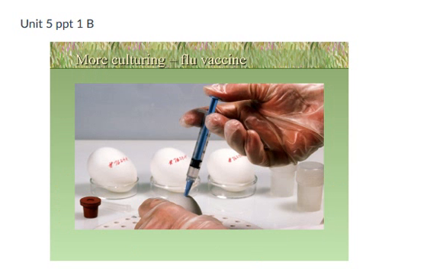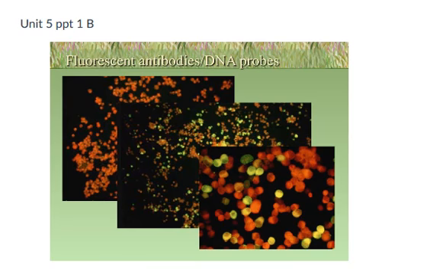So a little bit more about culturing. Making the flu vaccine that you hear about every single year, these are grown up in an area called the allantoic cavity of eggs, because again, viruses need to be grown in something alive. So flu viruses are cultivated inside of eggs.